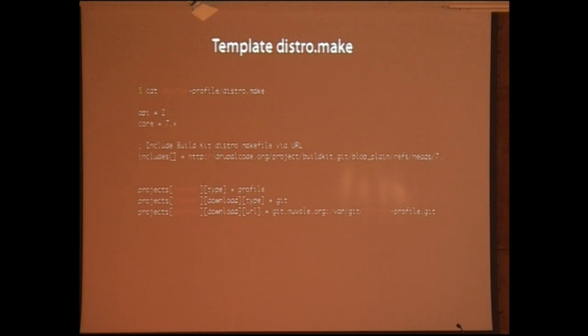This one is the distro make, and it's very, very simple. We just include Buildkit distro.make, which has all the dependencies we want in our installation. It has the Drupal core, with the patches to Drupal core that we want to use, and we don't need to take care of maintaining this make file. We just include it directly from the Drupal repository, as you see there.